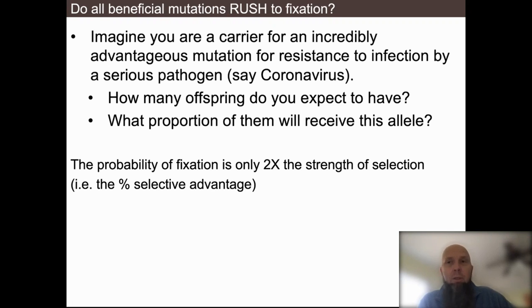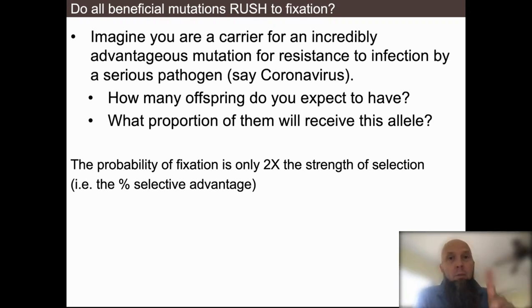You are one of 330 million people just in the United States, one of many billions of people on the planet. Let's say that right now you are a carrier for an incredibly advantageous mutation that gives complete resistance to coronavirus infection. That's awesome. Everybody should have that. We all want that. And you're the only one that has it in the whole world.